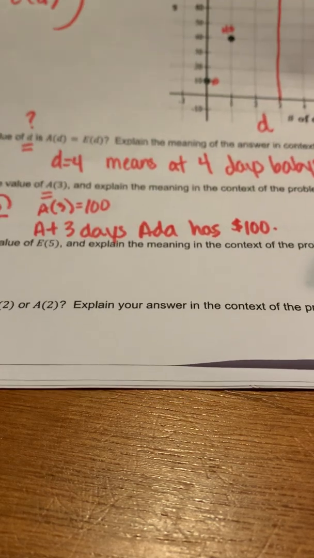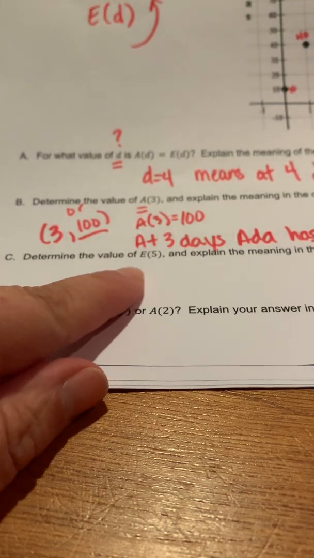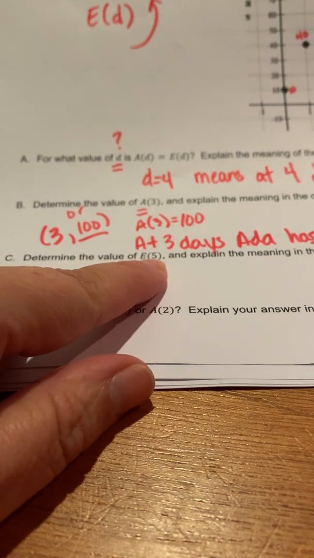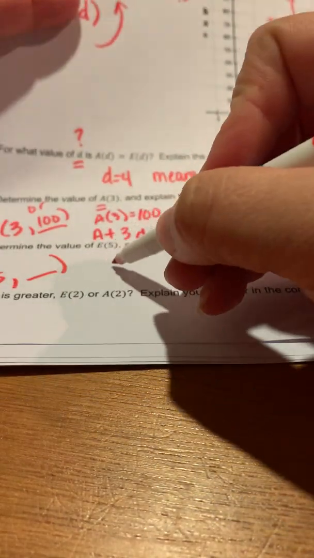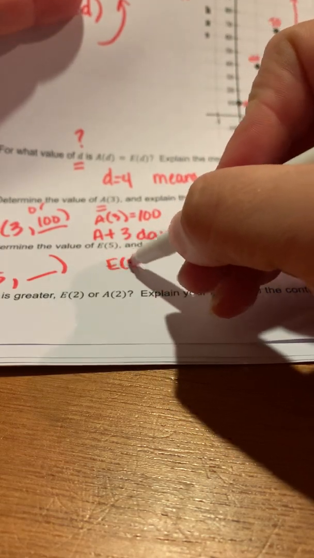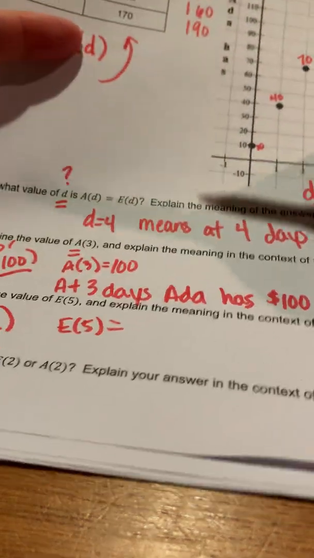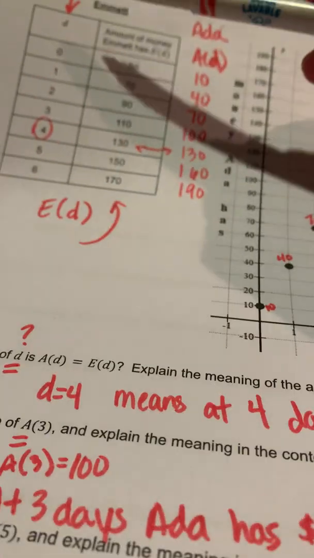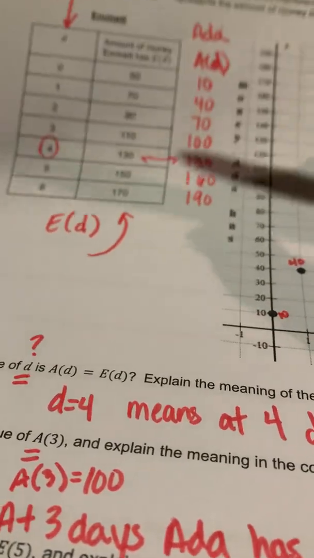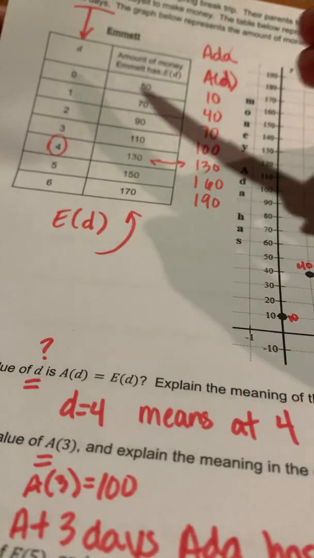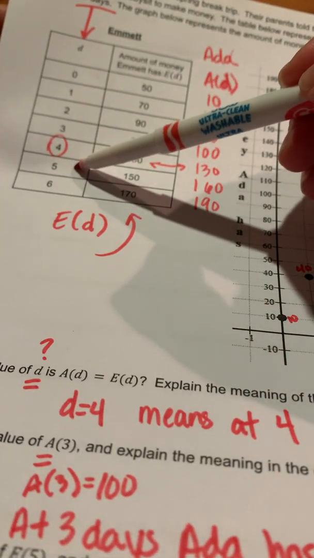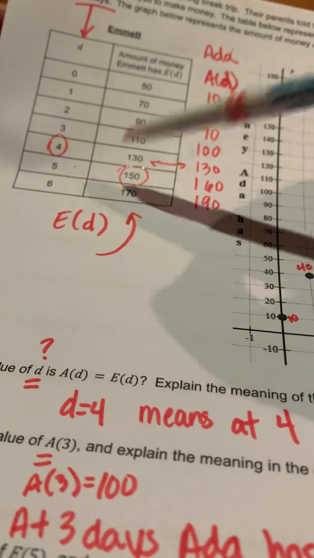Okay, and now it switches over on the next one, letter C, looking at E, so looking at Emmett. But this time it's not 3, it's 5. It's the same as saying x is 5, what is y, or in function notation, E of 5, input 5, output is what. So Emmett's table here, at 5 days, $150.